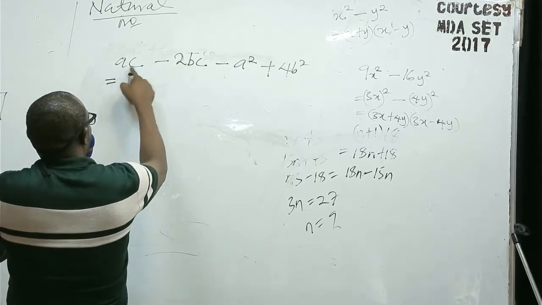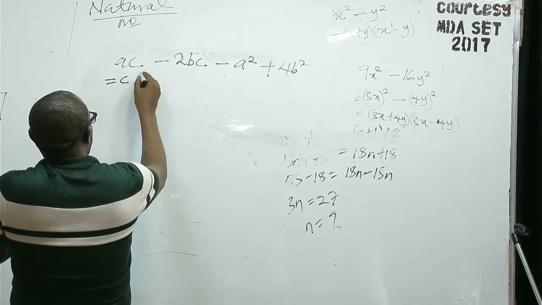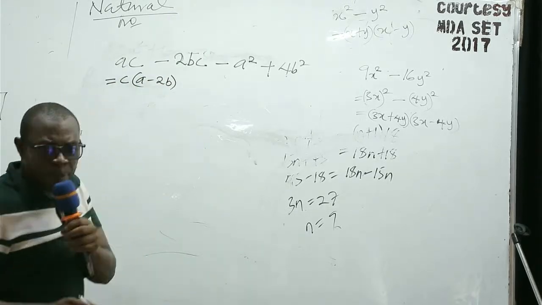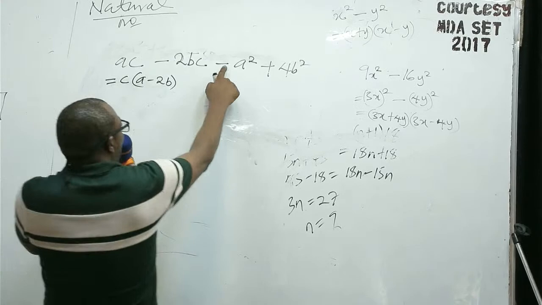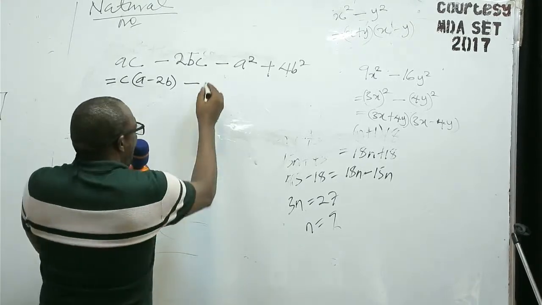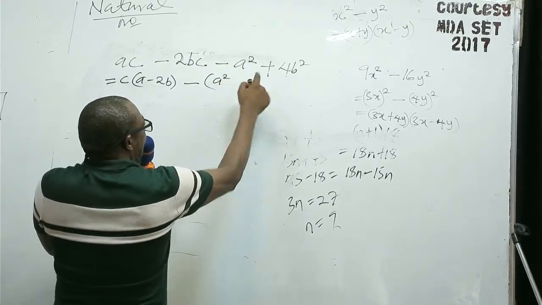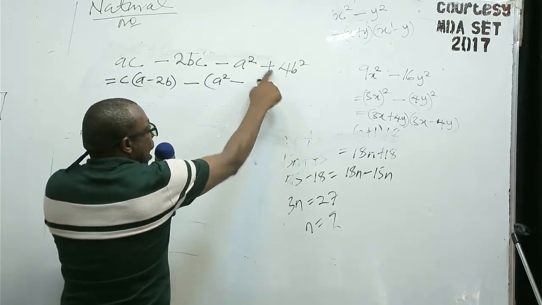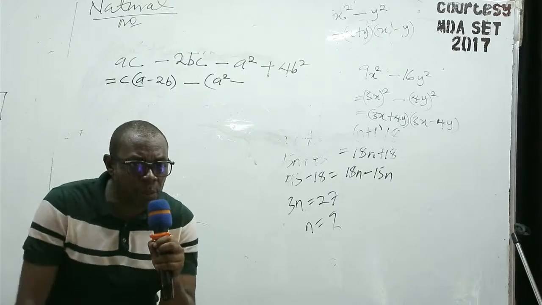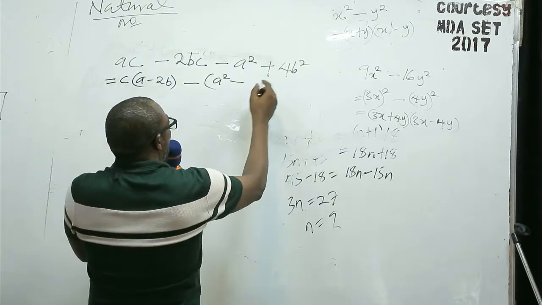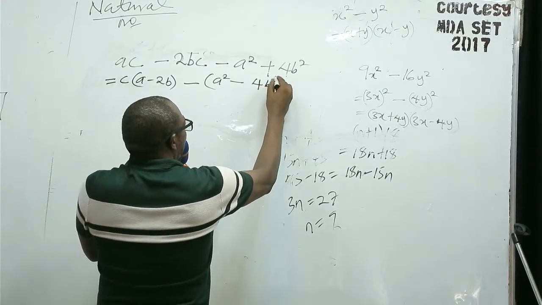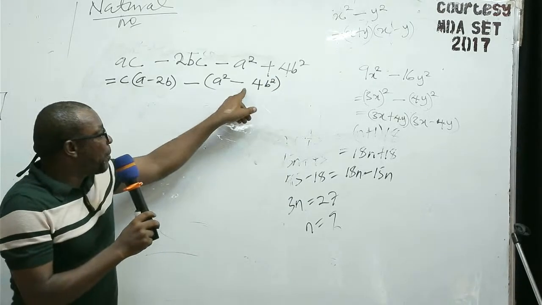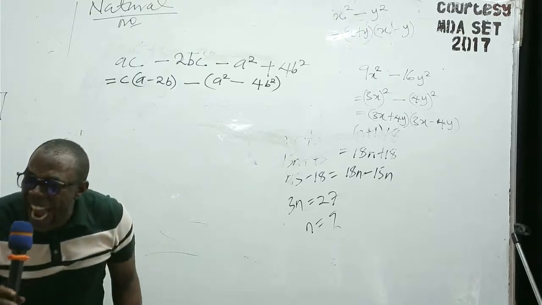Here, what is common? C is common. Go A minus 2B. Are you with me? What is common here? Minus. A squared. Minus times minus is? So this is 4b squared. Is that true? So are you now seeing difference of two squares inside here?